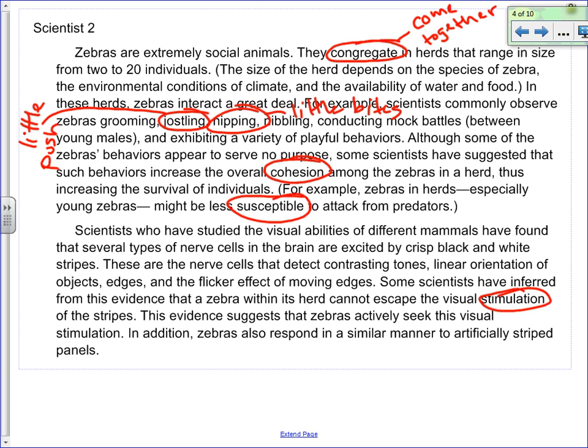If it's increasing the cohesion in the zebras in a herd, what could that mean? Like appearance? Oh, good thought. Interaction? A specific kind of interaction too. If a group is very cohesive, the group is very close and stuck together. So cohesion is like sticking together.